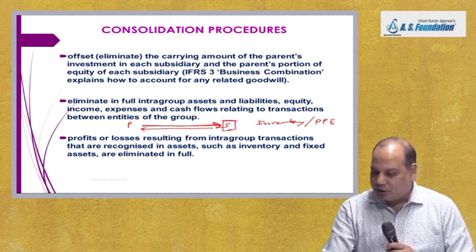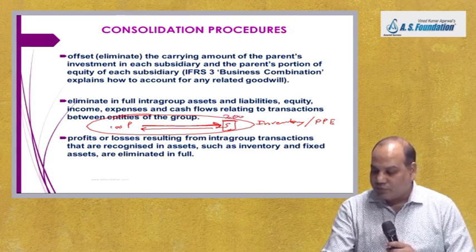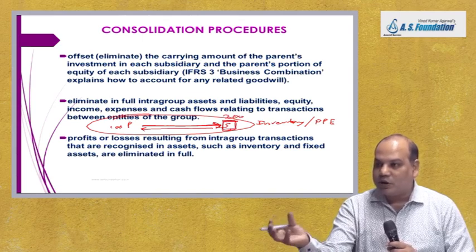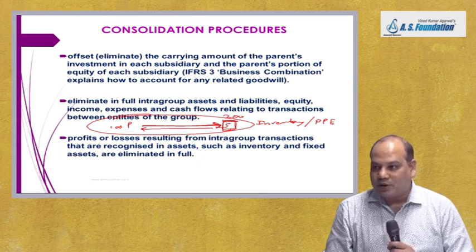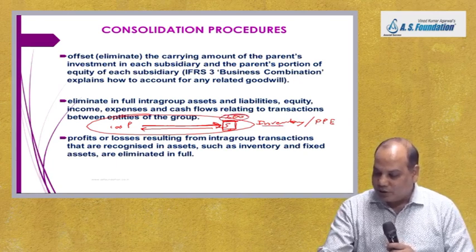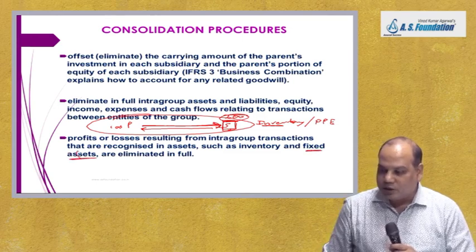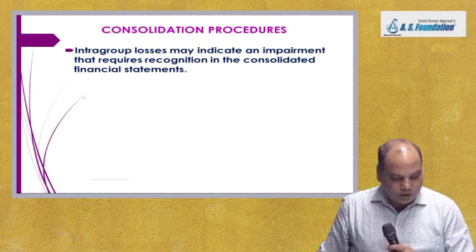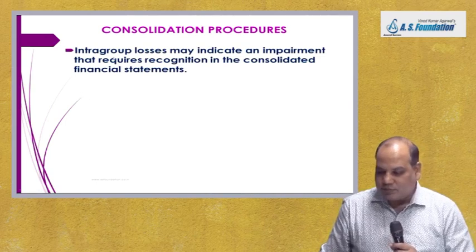Now, if I am preparing the group financial statements, cost to A is 100, sold to S at 200, and if S has not yet sold, the inventory will now be valued at 200. But from the group's perspective, the cost was 100. So we have to eliminate the unrealized profit from inventory, and in some questions it may also be property, plant and equipment. Again, under a separate heading, I am going to tell you how to do this adjustment.